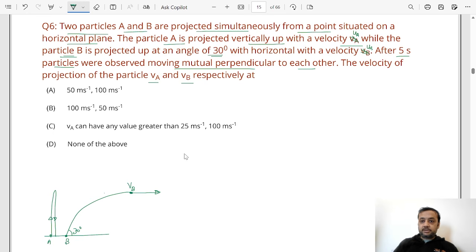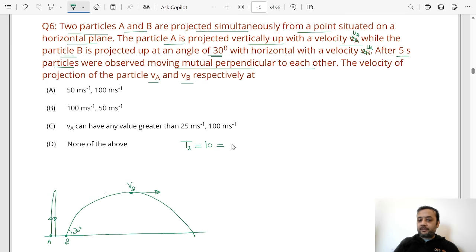So in the question, it has been given that velocity became horizontal after 5 seconds. That means B must have reached the highest point at 5 seconds. Now you know that motion of projectile is symmetric. That means if B has reached the highest point in 5 seconds, then it will come back to ground also in another 5 seconds. What does this mean? The time of flight of B is 10 seconds, right?